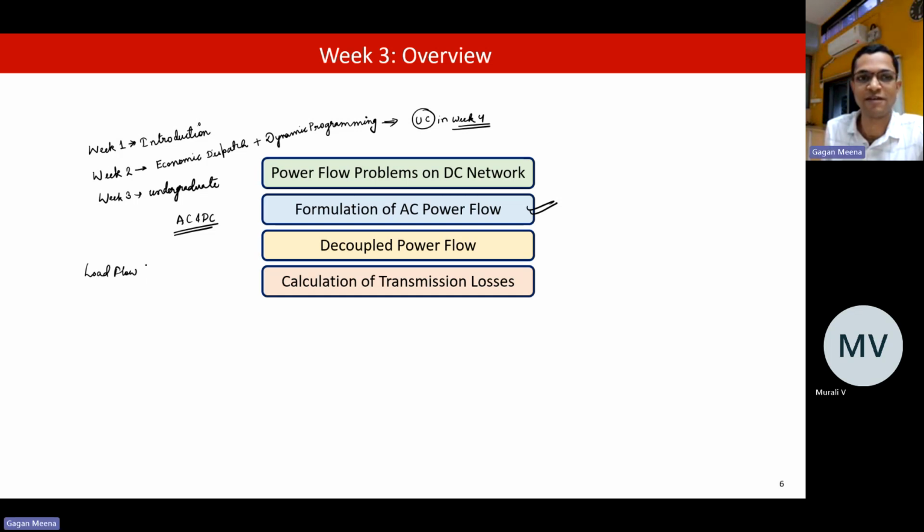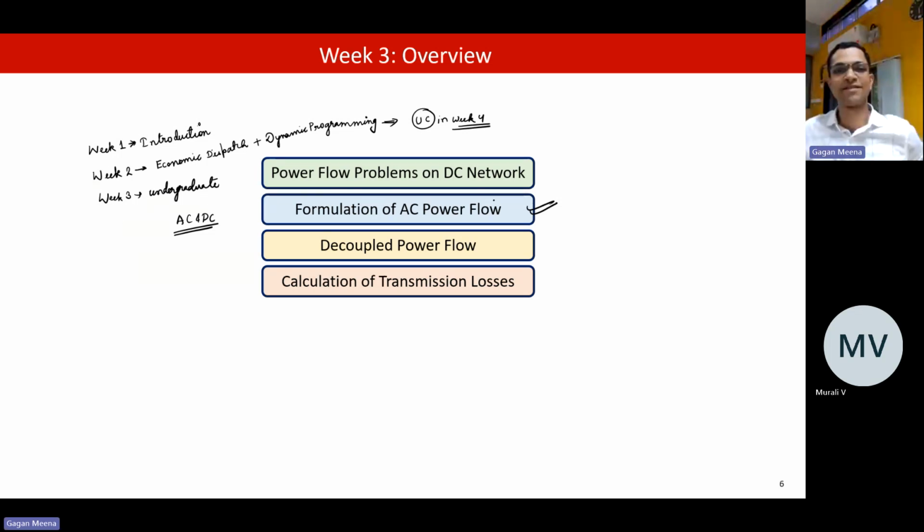Load flow and power flow are used interchangeably, but power flow is the more correct term, because load doesn't flow. It is the power which is transmitted, or power flows.